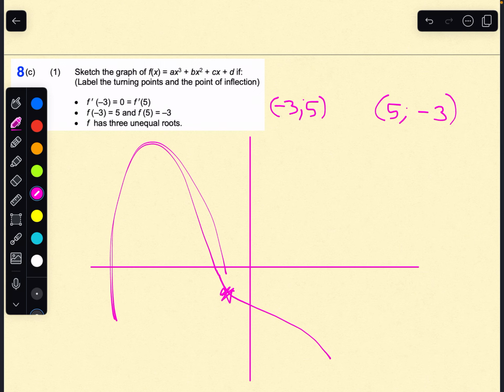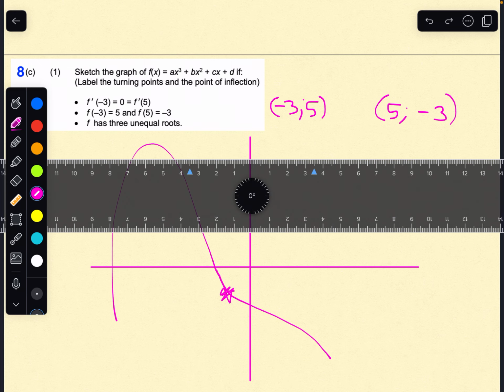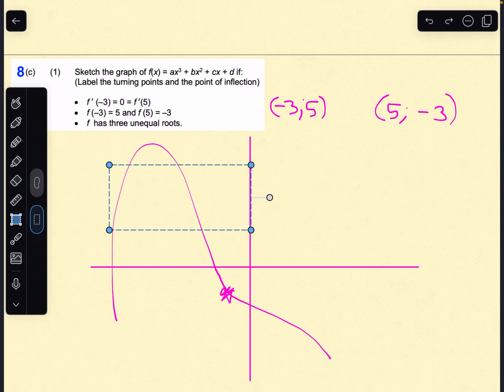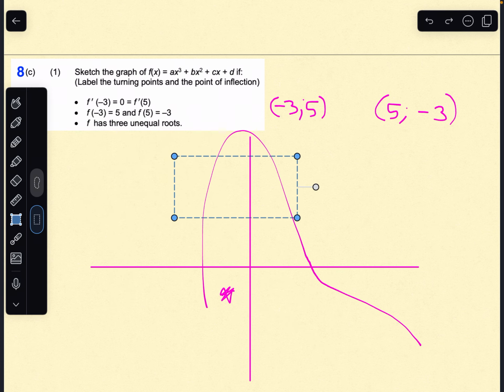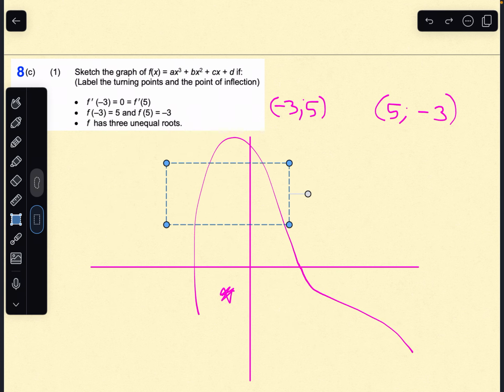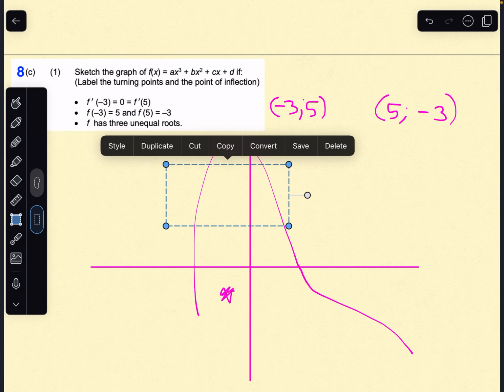Hey, what am I saying? I don't know what I'm saying. Yeah, no, I'm just confusing myself. Nothing new there. So I'm just trying to see if we had a situation like I'm describing, could your cubic graph cut the x-axis more than twice?